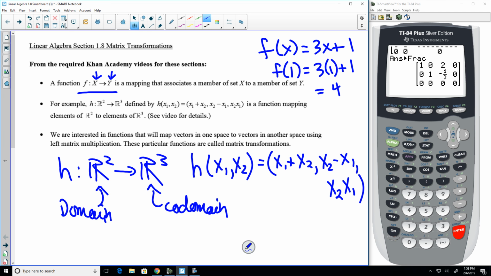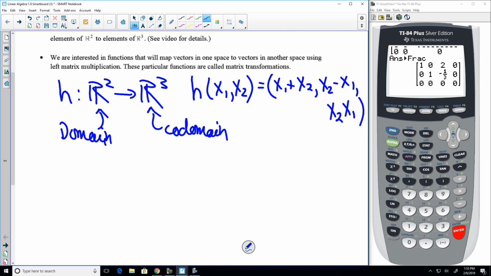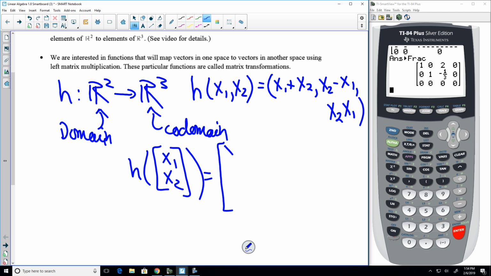Those will be our three entries in our R3 vector. So an alternate way to write this would be like this. We plug in the R2 vector, and what we get is an R3 vector, and this is how to construct it.